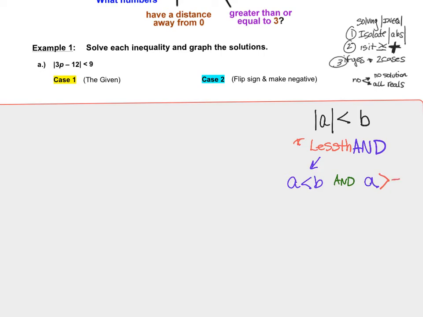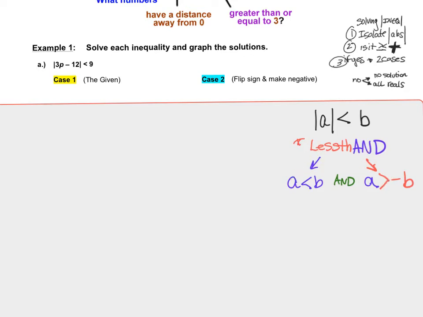And it's greater than the negative. Remember, in this case, it's equal to a positive. So then we set up the two cases. Don't get confused when you set this negative up and think that it's no solution. This has been set up because of the fact that the original was positive. And it's an and inequality, and you set up the two inequalities.